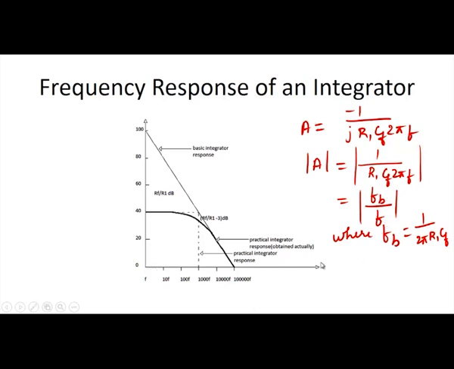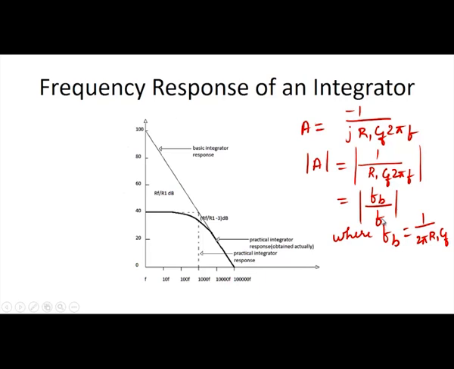When you look at the graph, the x axis is the frequency of the input signal, and the y axis is the gain of the integrator. When the frequency of the input signal is 0, what happens to the gain of the integrator?